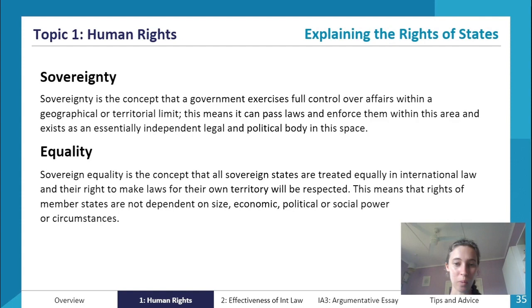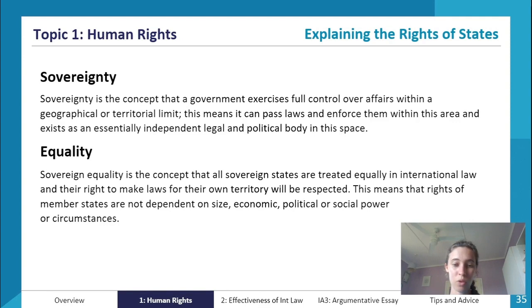Sovereignty is something that we have already looked at. We use the example of First Nations peoples as well. And then sovereign equality is the concept that all sovereign states are treated equally in international law, and their right to make laws for their own territory will be respected.